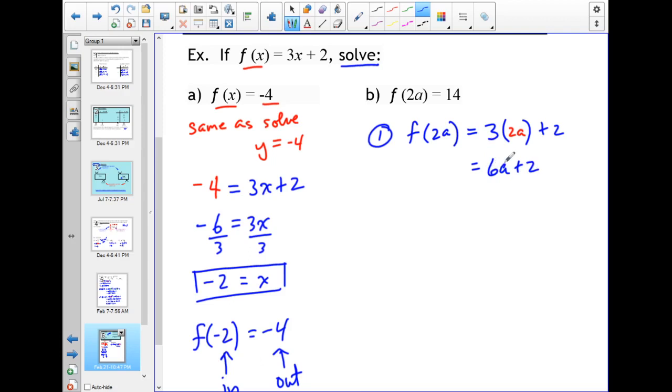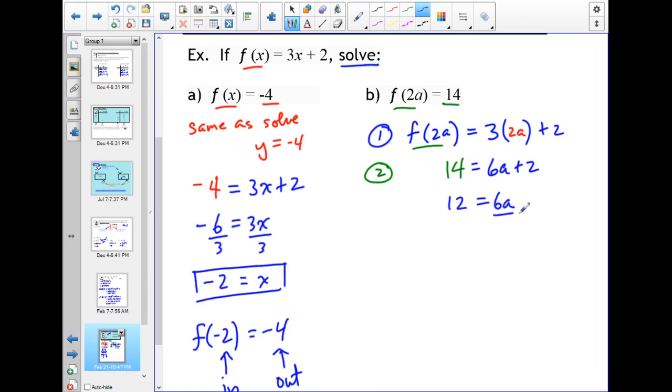So now I know what f of 2a is, but what do I want f of 2a to be? F of 2a is supposed to be 14, so I'm going to replace f of 2a, and that's my second step. I'm going to replace f of 2a with that 14. And now, just some rearranging, subtract 2 from both sides, I get 12 equals 6a.